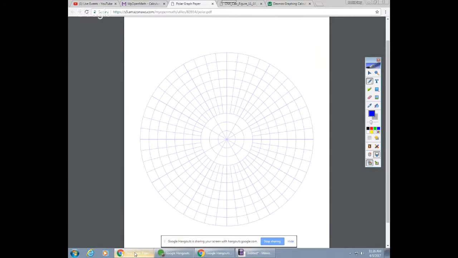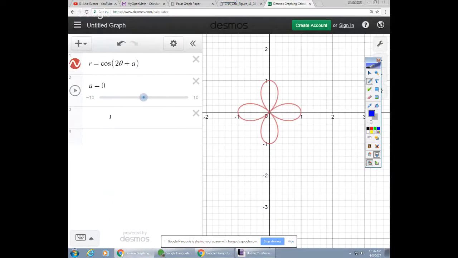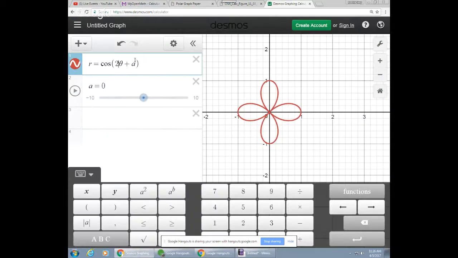First thing I'm going to do is graph it in Desmos. So I'm going to put a 3 there. Notice with the 2, I got 4 petals. With the 3, I get 3 petals. What do you think is going to happen if I put a 4 theta in there?